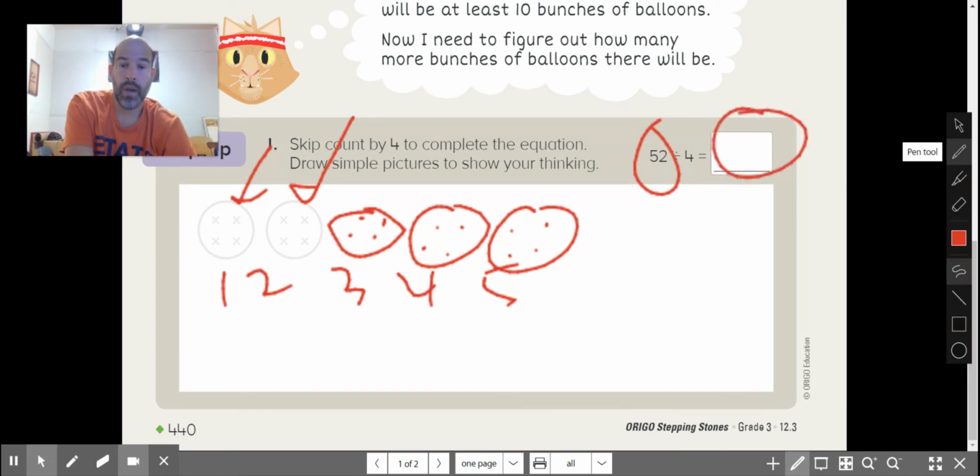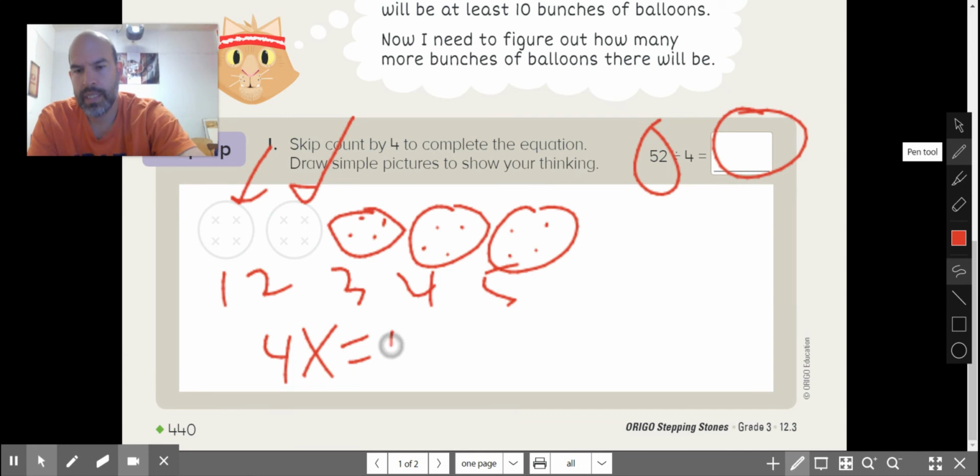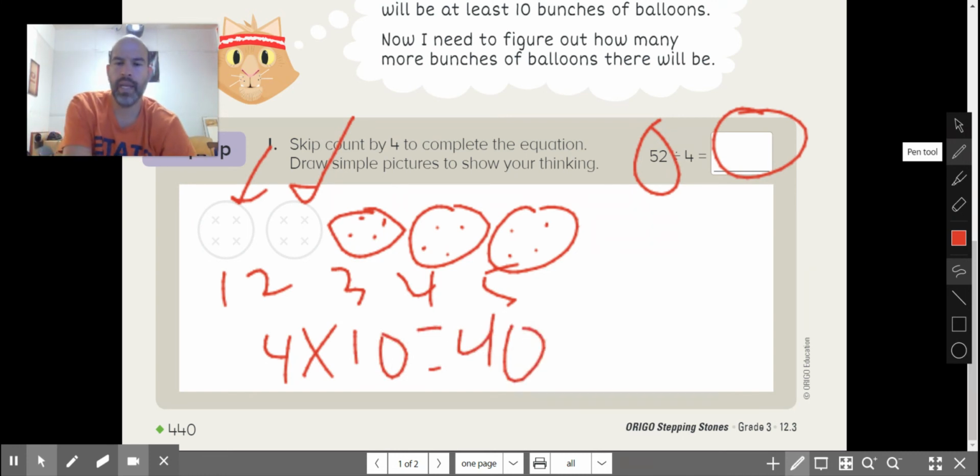All right. We can also think about that in multiplication, right? 4 times 10 equals 40, all right? So we know we need at least 10, right?